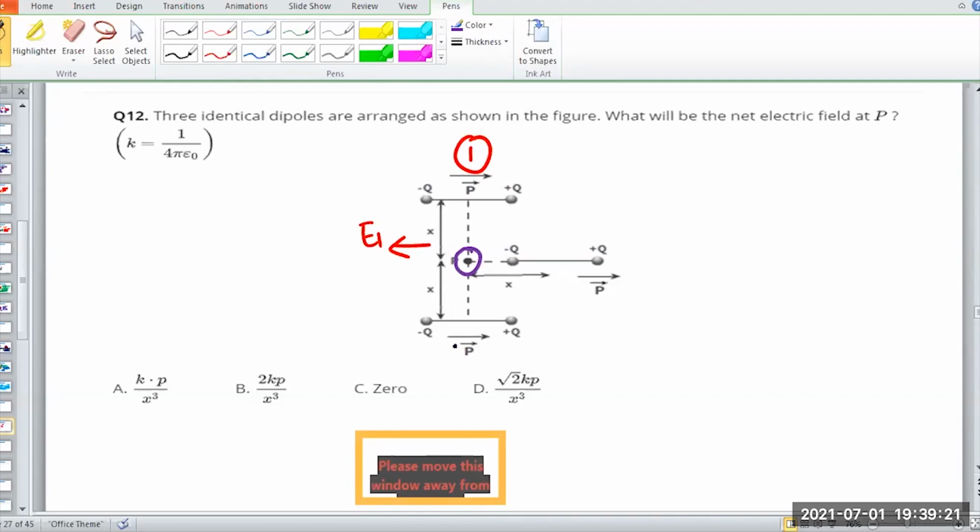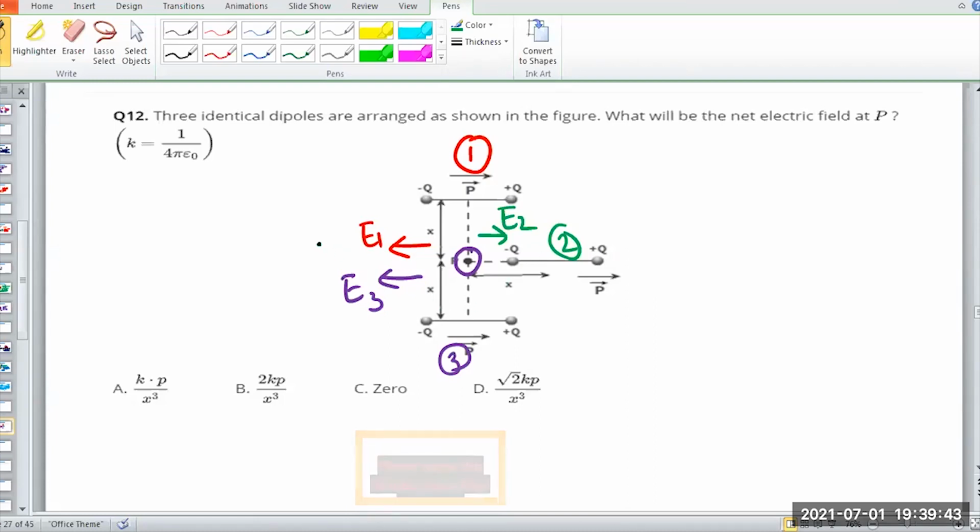Dipole 3, so E3 is also along this. But dipole 2 is on its axial point, right? So E2. Second thing is E1 and E3 are equal in magnitude.